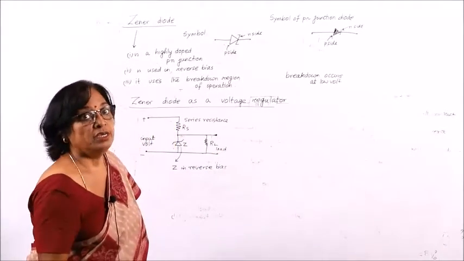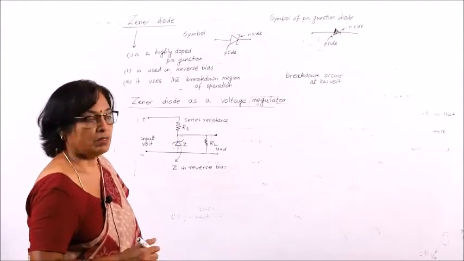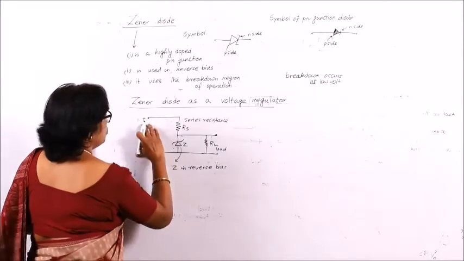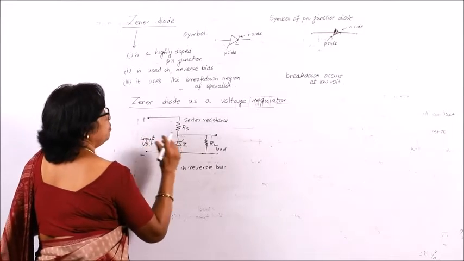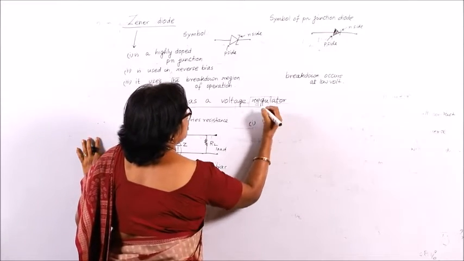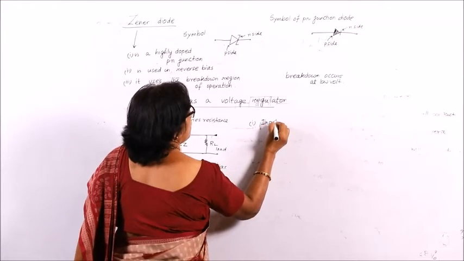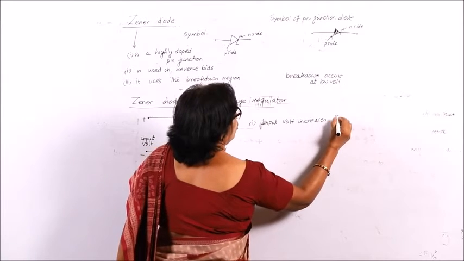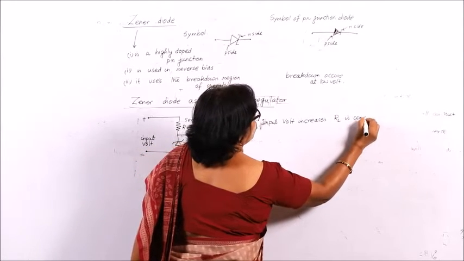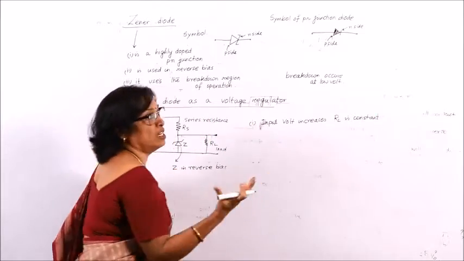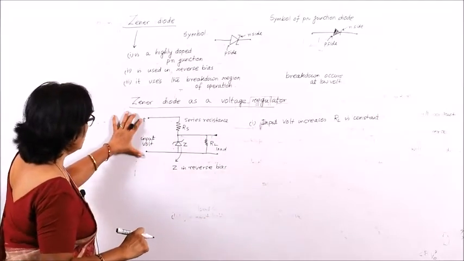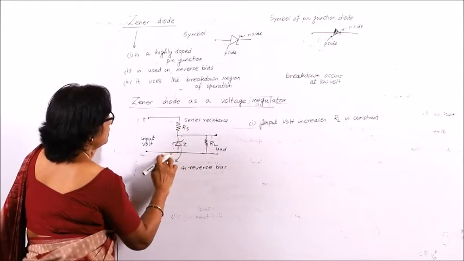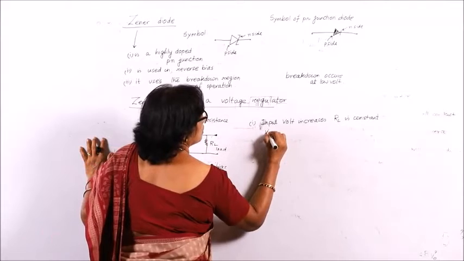Now, if the input voltage increases while the load is constant, that means you are connecting to the same circuit but the input voltage suddenly increases. The input voltage is across Rs and Z, so the input current will increase.